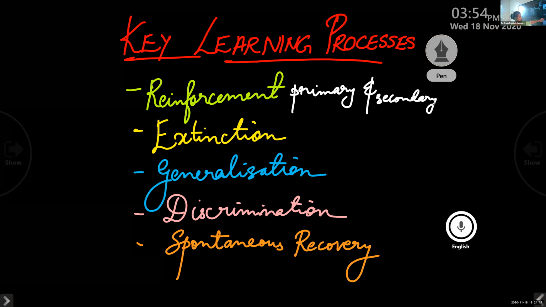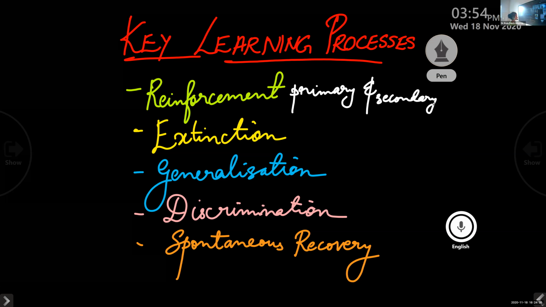Okay? What are the types of reinforcements we studied? Amal? What are the two types of reinforcement? Last day I wrote on the board. Is it positive and negative? Positive and negative. Okay, don't confuse it with that.